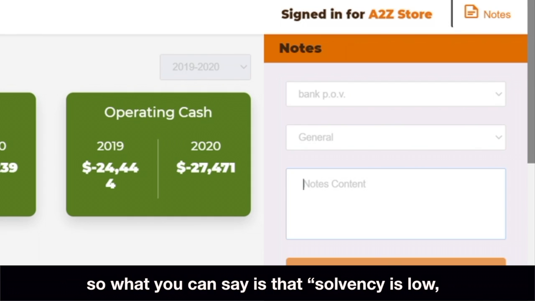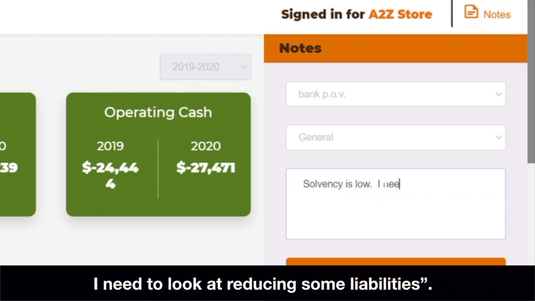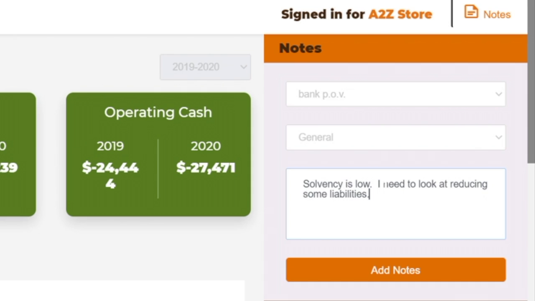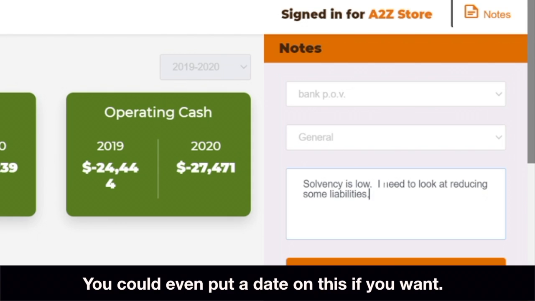So what you can say is that solvency is low. I need to look at reducing some liabilities. You could even put a date on this if you want.